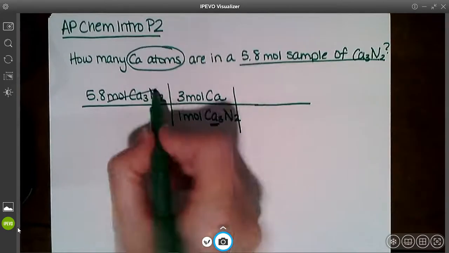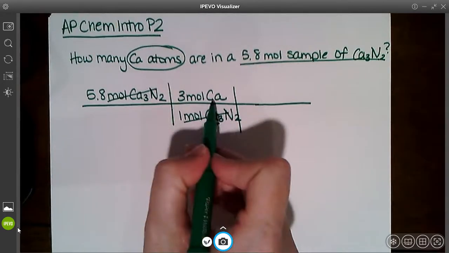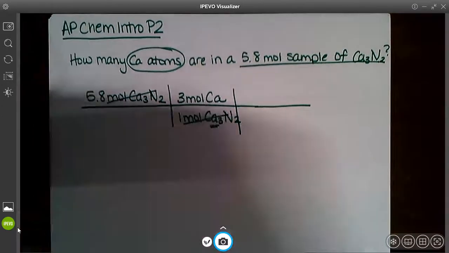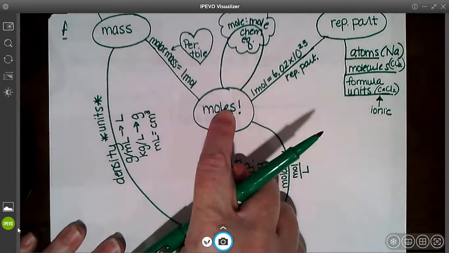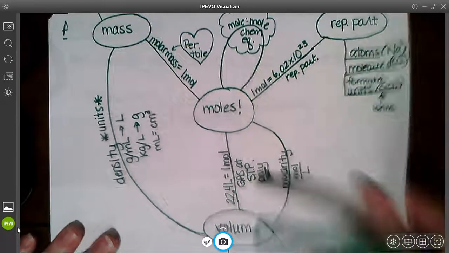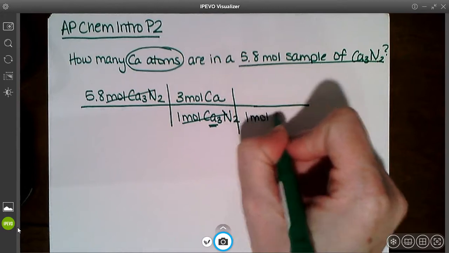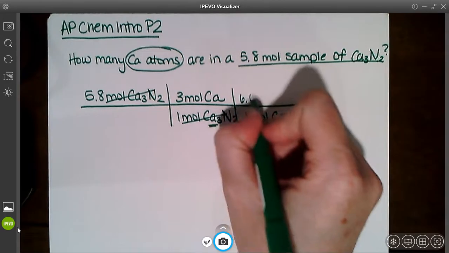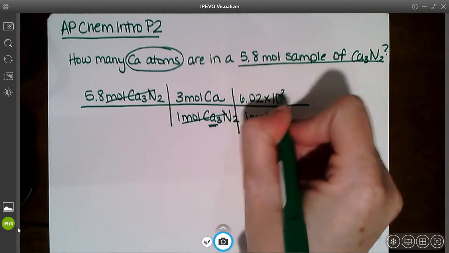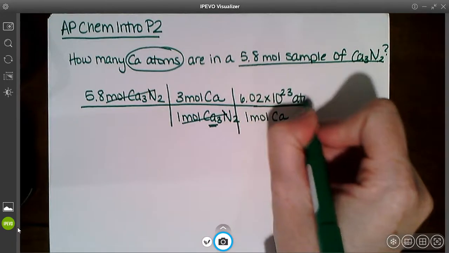So now I'm out of moles of calcium nitride. I'm in moles of calcium. So I've made it to moles of the right substance. Now I can go to representative particles of that substance. So now I know for every 1 mole of calcium, I have 6.02 times 10 to the 23rd atoms of calcium.